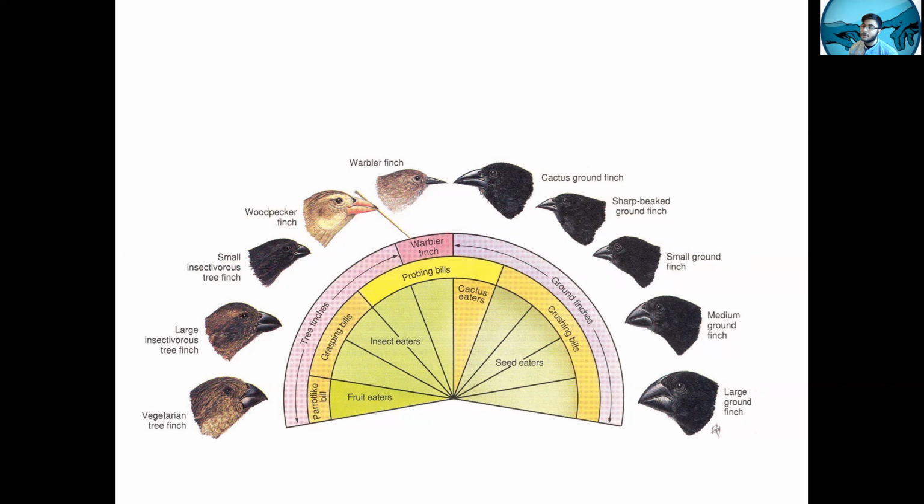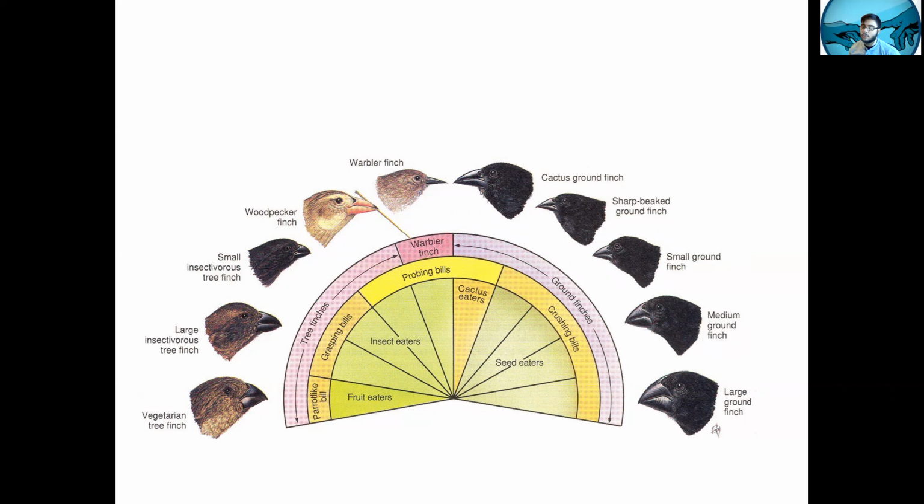It would make sense for siblings that have this trait from their parents to mate with each other, so they could have a lot of offspring which have this cactus eating bill, and their offspring will be more fit and more likely to survive. But there are many other drawbacks that actually make this more risky than beneficial, right?